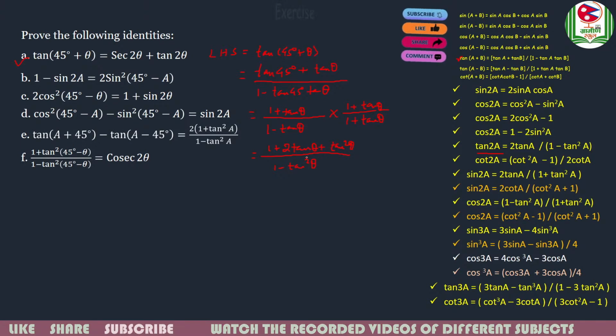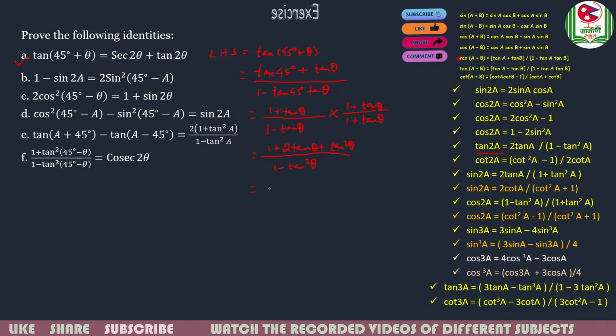Again, can we get the required result? No. So what will we do? We know that tan 2θ equals 2 tan θ upon 1 minus tan squared θ. So how will we obtain it?